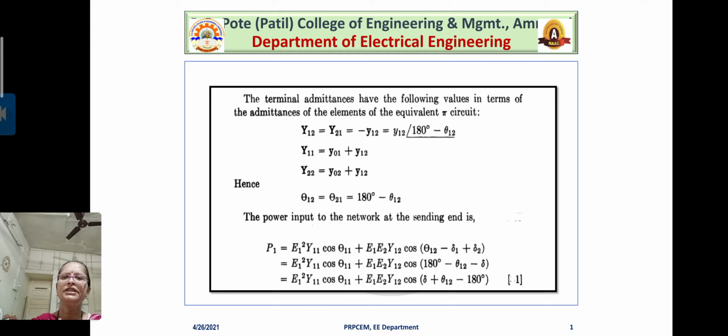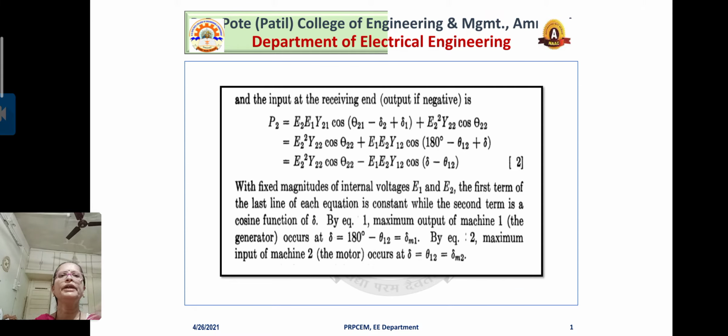This was just a preliminary idea for understanding the power angle curves for the two machine system with losses, that is, the different notations we use to understand those curves.